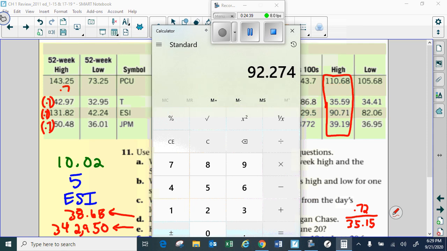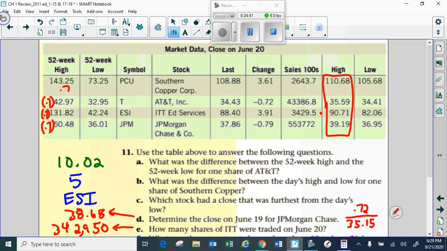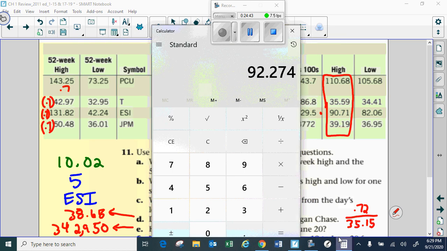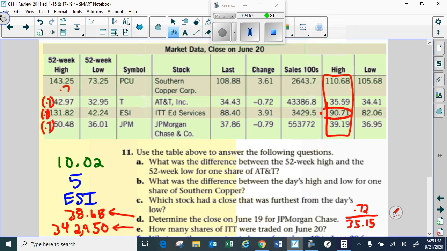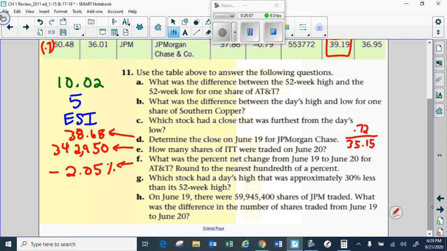It's only $2 off. Well, let's try the last one here, see if it's closer. 50.48 times 0.7 is 35.33. That is $4 off. So this was the closest at $2 off. Okay, so that would be our answer, which is ITT Ed Services, or the ESI.